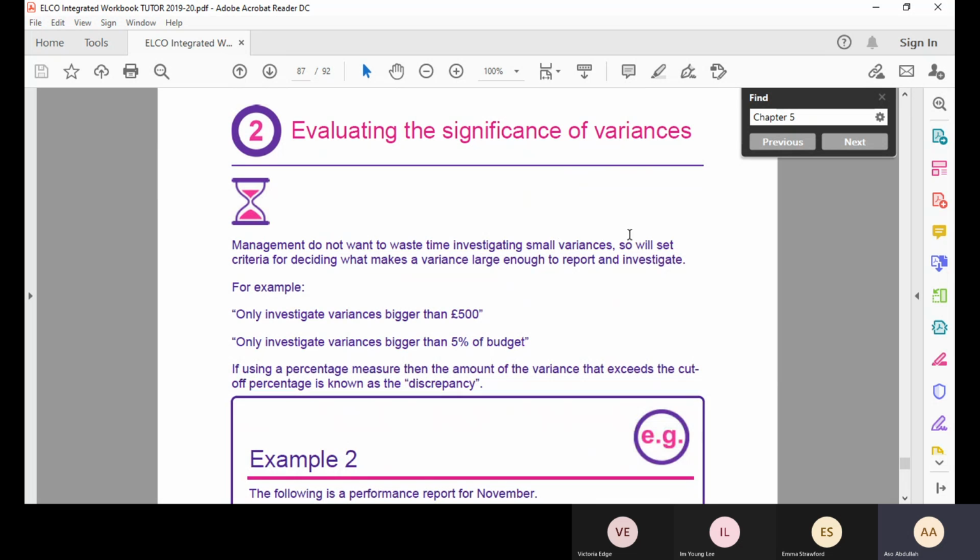We don't have to waste our time. So deciding to investigate: if the variance is greater than £500, or only investigate variances greater than 5% of budget.